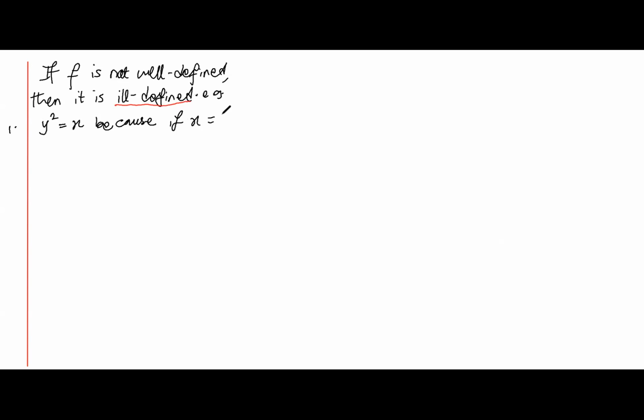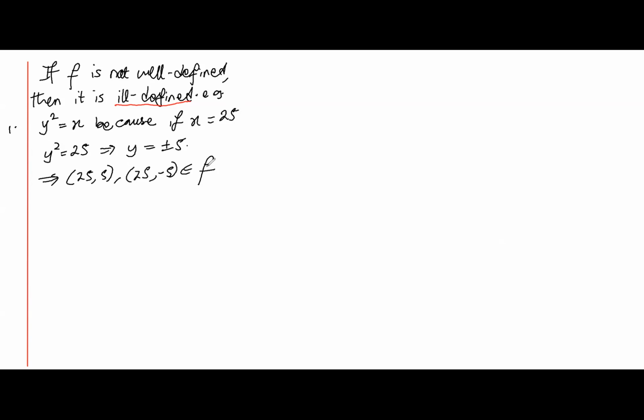So if x is equal to maybe 25, then y squared equals 25 implies that y equals plus or minus 5. And what this means is (25, 5) and (25, minus 5) both belong to f.